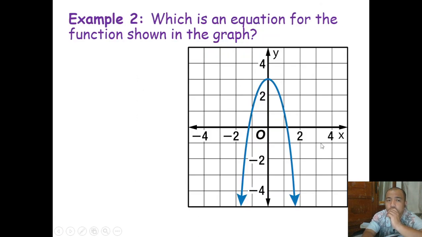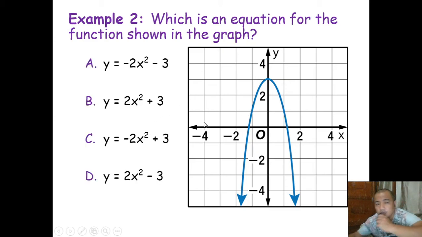Now, which is an equation for the function shown in the graph? Is it A, B, C, or D? 5 seconds. Time's up. What's your answer? As you can see, the parabola opens downward. So when the parabola opens downward, the value of a is negative.